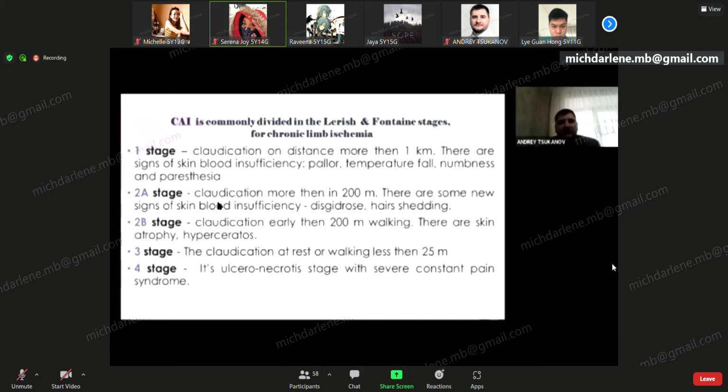And there is the Fontaine classification with various types of claudication and 4 stages of chronic limb ischemia.